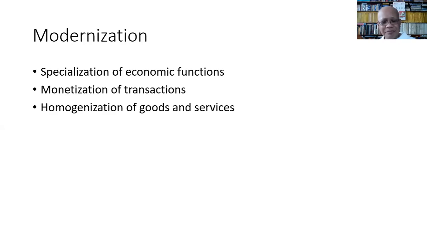And finally, since goods and services are being produced for a large society, and oftentimes it's not just your own country, but even for other parts of the world, there's a general homogenization of goods and services, meaning to say, goods and services became standardized in terms of their physical and other quality features. So you have a standardization, say, of clothing requirements, of furniture and the like, because these are being mass produced. The same with certain food items.